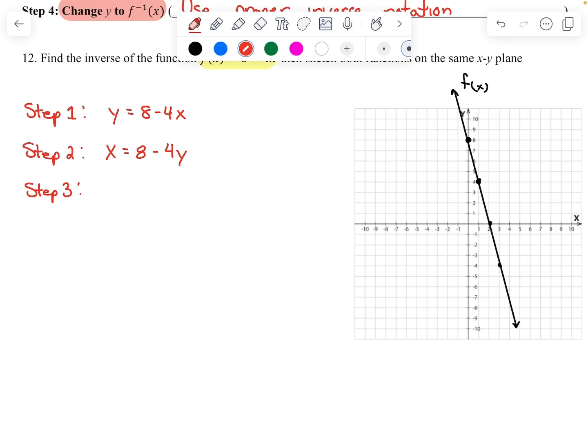Step 3. Solve for y. So what I'm going to do is subtract 8 from both sides and then divide all three terms by negative 4.